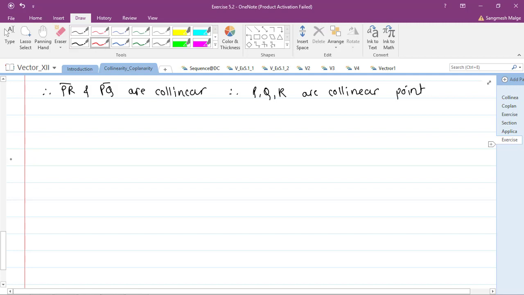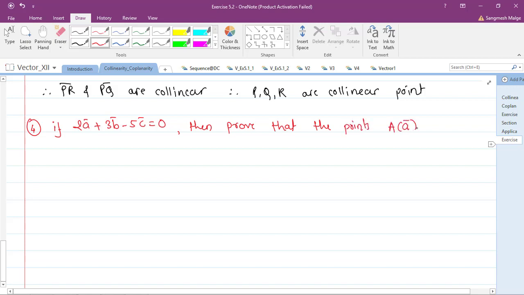The question number 4. If 2a bar plus 3b bar minus 5c bar equals 0, then prove that the points A, B and C, with position vectors a bar, b bar and c bar, are collinear.